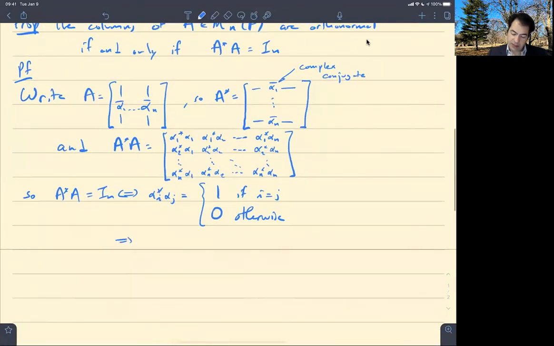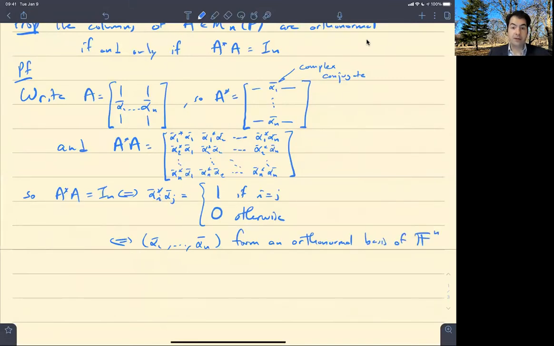That's the same as saying that these columns alpha 1 through alpha n form an orthonormal basis of Fn with respect to the standard inner product.